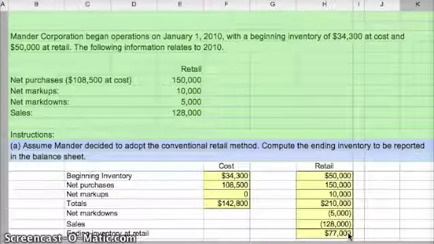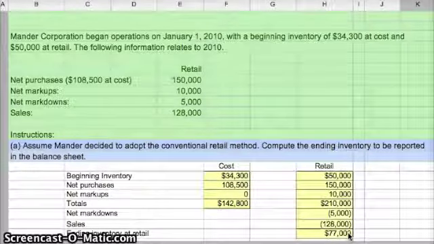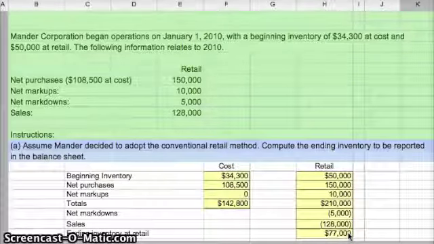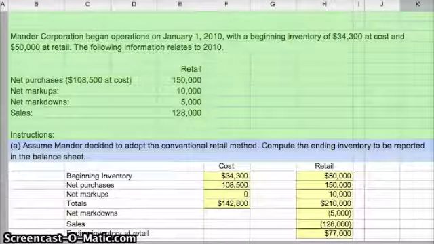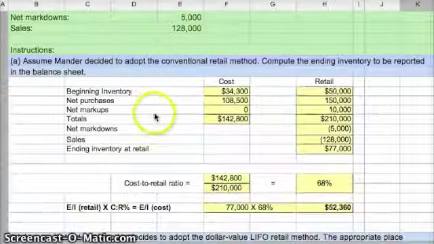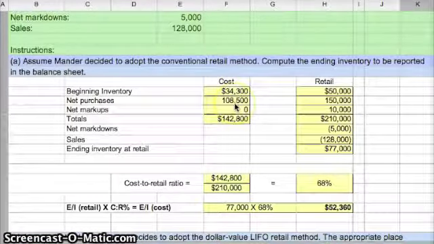So what we need to do is convert the retail number to the cost number, and how we do that is the cost to retail ratio. Now remember, we said for the conventional method that means no markdowns are used in the ratio. So we take beginning plus purchases under the cost, which is 34,300 plus 108,500.